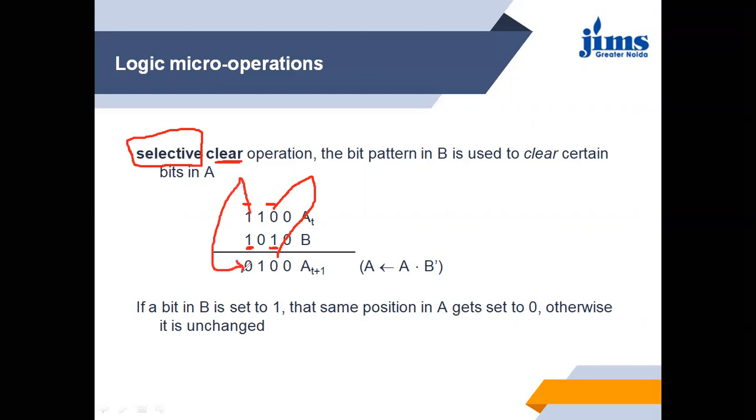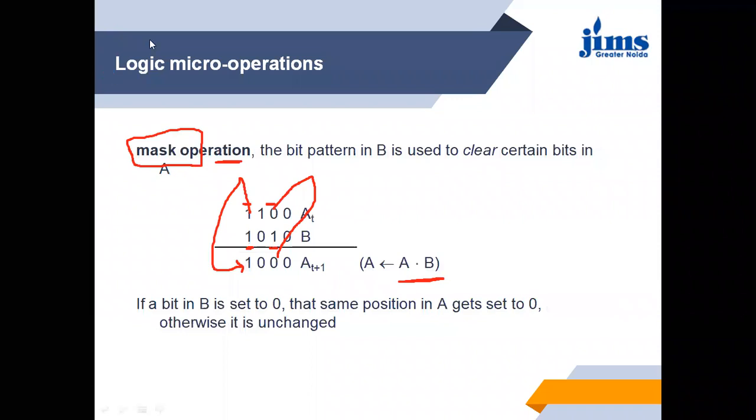So when we have to perform a clear operation, meaning set the value of those particular bits to 0, we can perform A dot B bar. This happens in the case of selective clear.